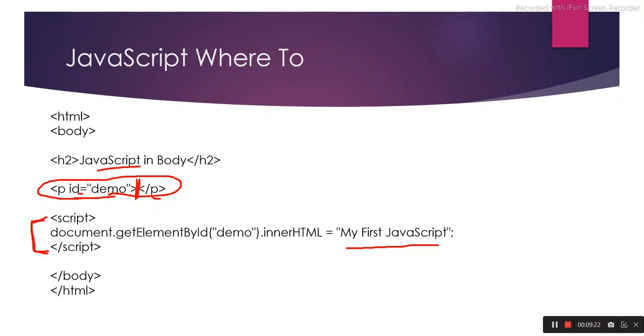So how am I going to write? You have to write the script tag, then write whatever JavaScript you want inside this, then close the tag. This script tag may be anywhere, in the head section also, and inside the body section also you can write. That's what we are going to see in the coming slides.